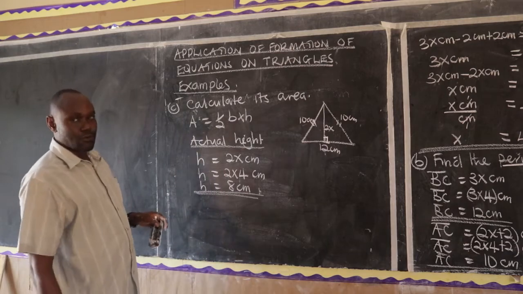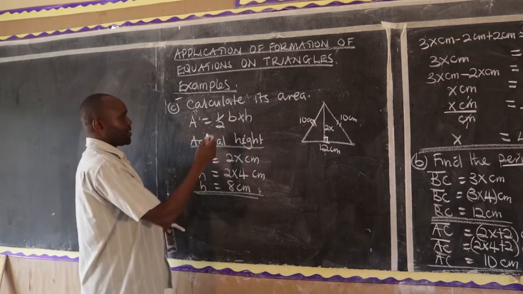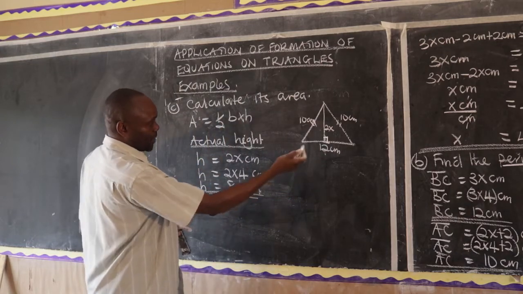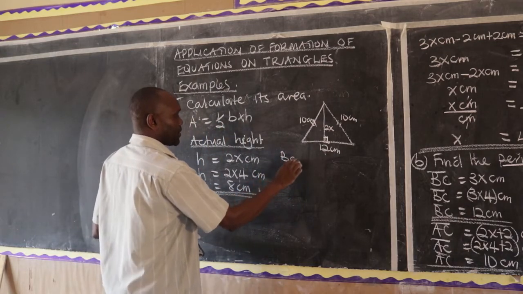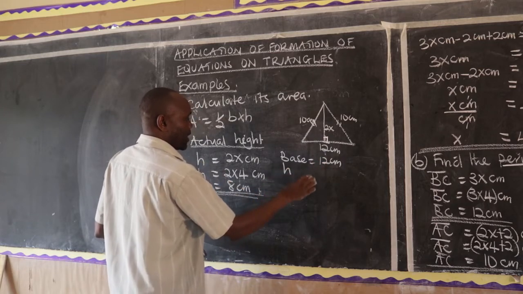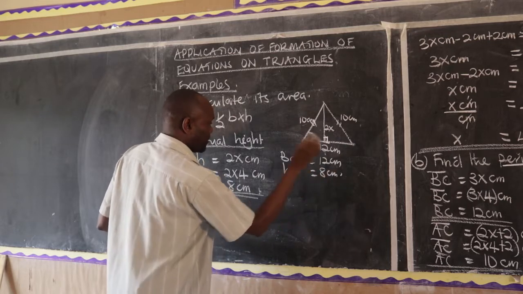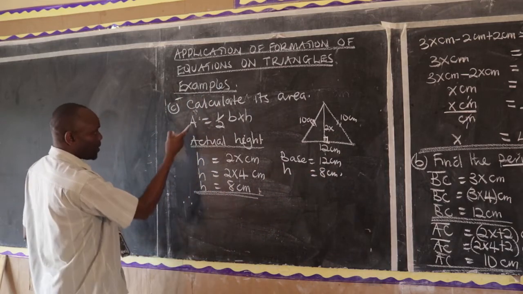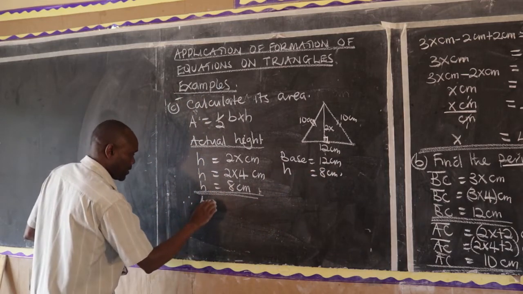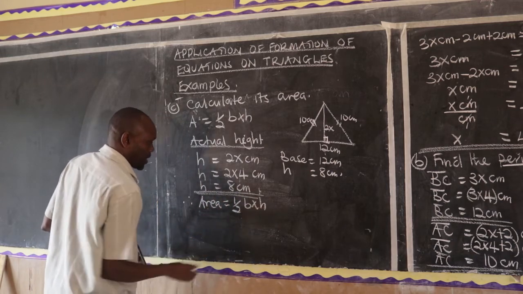So we have known the height, and we also know the base. So our base is 12 centimeters. The height is 8 centimeters. Therefore, we now bring our formula and say area equals half base times height.